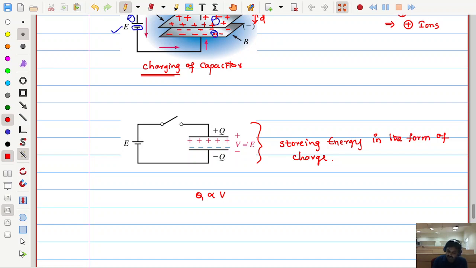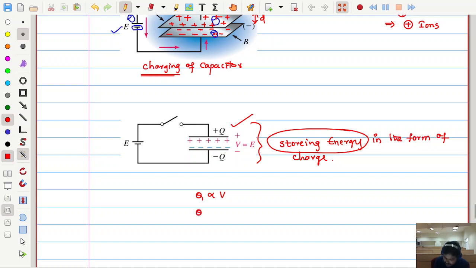So the charge is proportional to the applied voltage across these two terminals, which is usually the battery voltage we connected previously. So the capacitor has charged to a voltage V which is equal to the battery voltage. If we suddenly disconnect the battery, the same voltage is going to be retained. That is what we call storing the energy, in the form of charge.